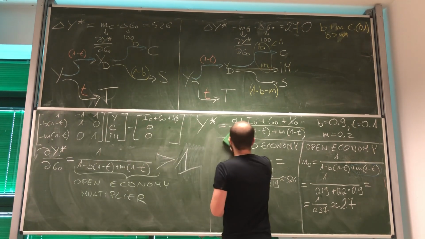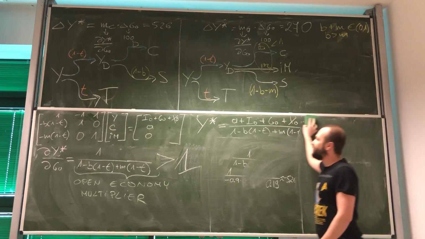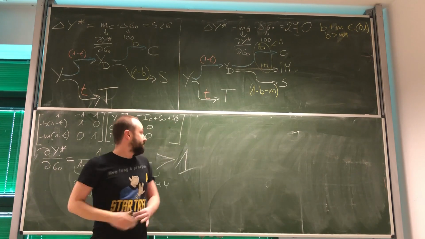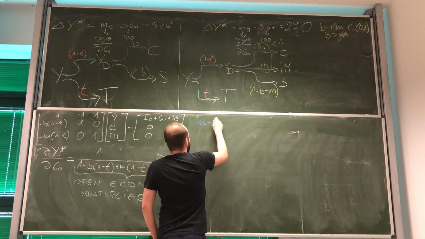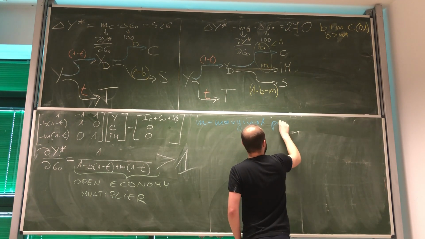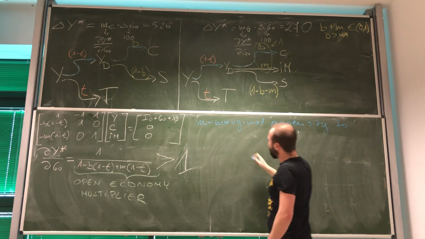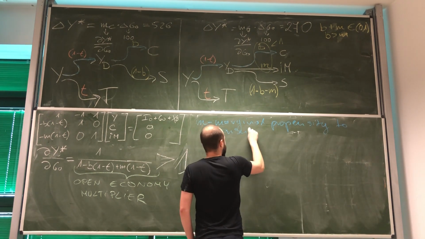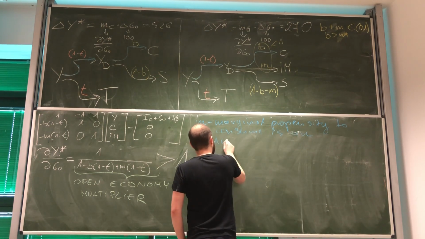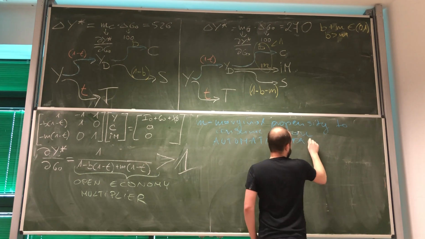Okay, so again, we might say that we found another automatic stabilizer, because M, the marginal propensity to import, is an automatic stabilizer.